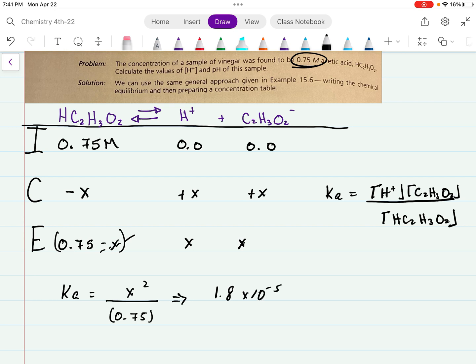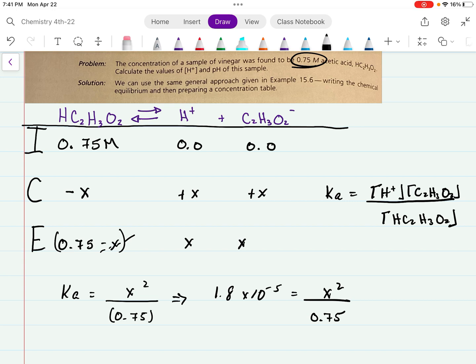Now, of course, you're not going to have a chart on the exam, but if you need to know the Ka to calculate a molar concentration, then you will be provided with the Ka value. So, 1.8 times 10 to the negative 5 over 0.75. Okay, so now we have it set up.